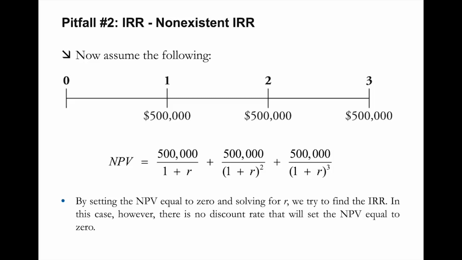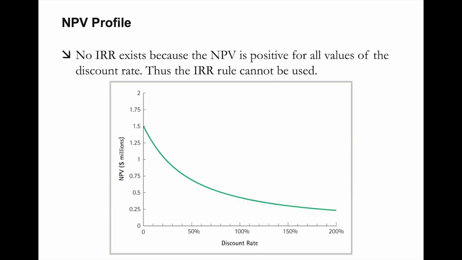So when we calculate the NPV of this project, when are we going to receive a negative value? When will we ever have a negative NPV? You can see that if we plotted this NPV profile, the NPV never reaches zero.